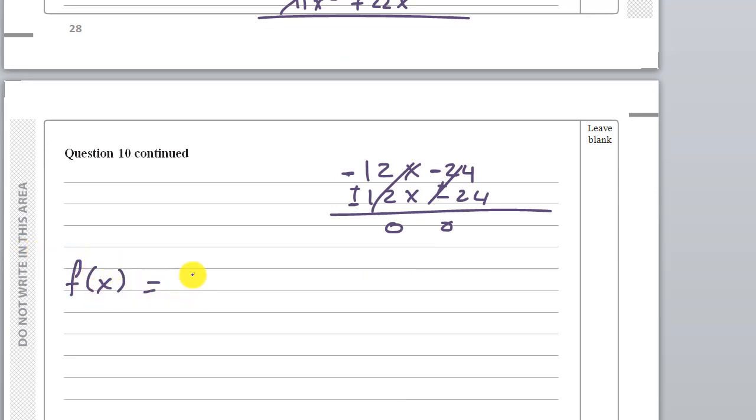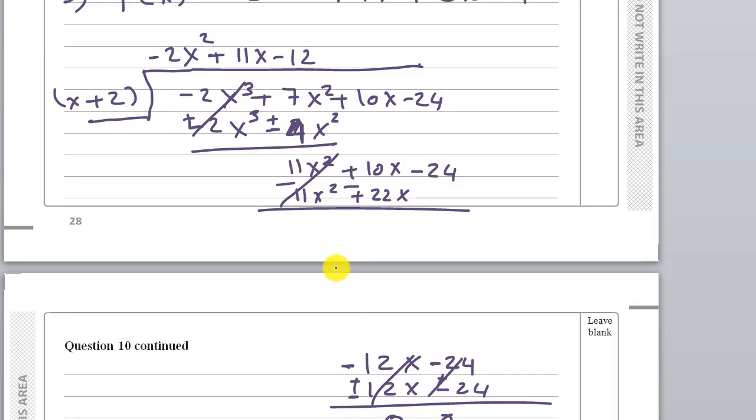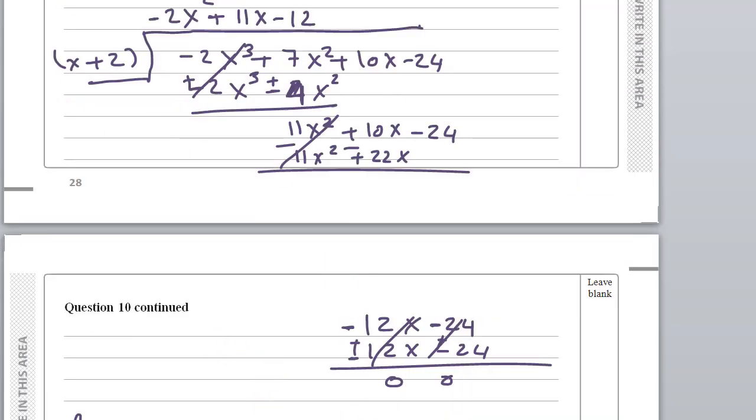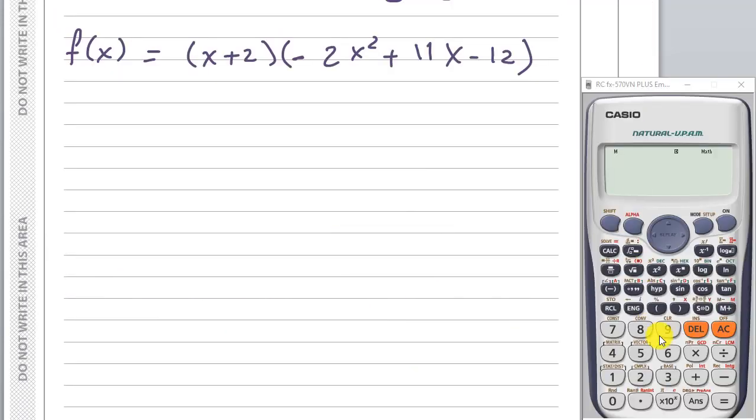So f of x was equal to x plus 2 multiplied by minus x squared plus 9x minus 8. So equation function, 3, minus 1 enter, 9 enter, minus 8 enter.